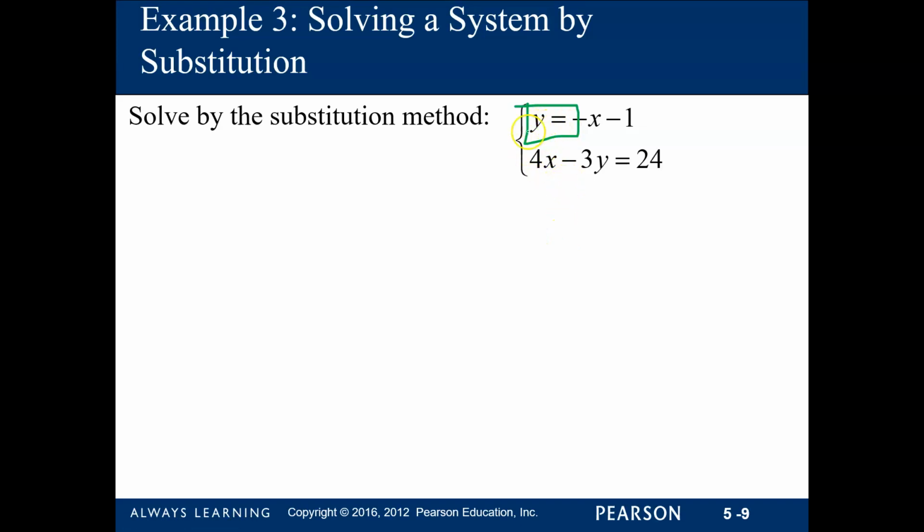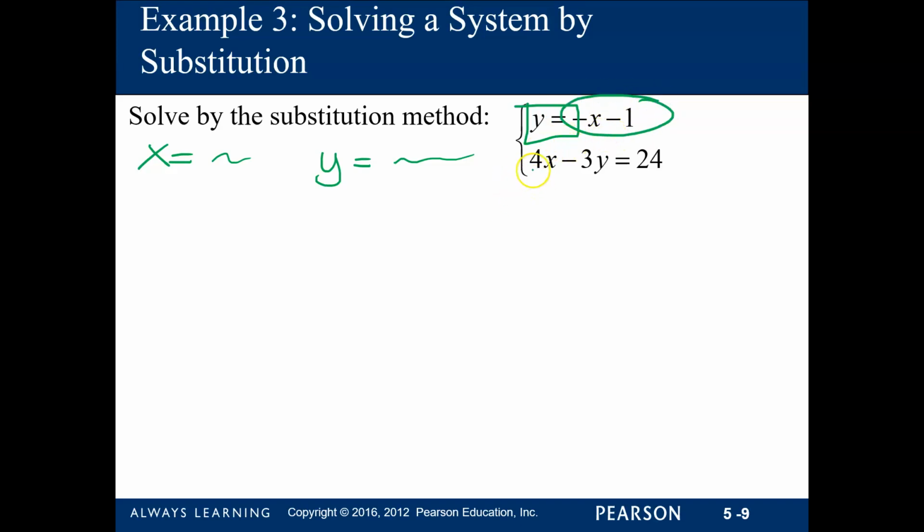So when you are identifying which expression to use for the substitution part, you will always have to find the expression that has something like x equals something, or in this case, y equals something, okay? How do you know? Why is it that that is the one that we will use for the substitution? Well, as you can see here, y, the variable y, is just the same as this expression over here.